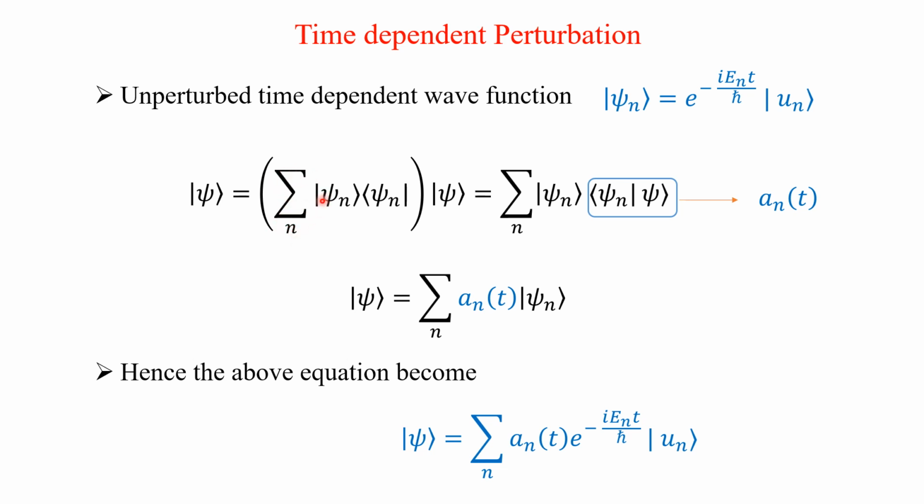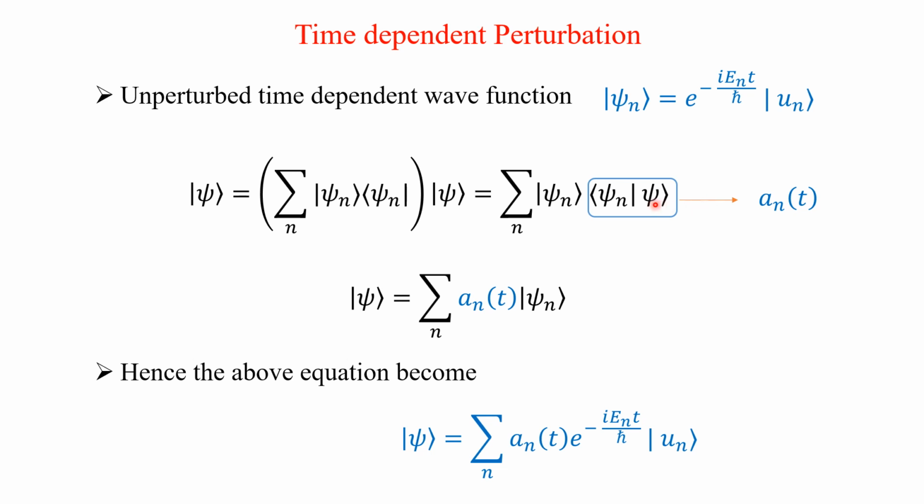Summation over n, the outer product of psi n with psi n is equal to 1, we know very well. Now you take this bra psi n and ket psi. This is after all a number because it's a scalar product. This will give you a number, of course, which depends on time.